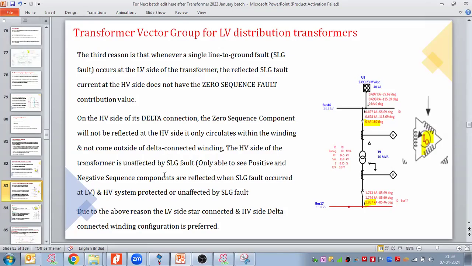The HV side of the transformer is unaffected by a single line to ground fault; only positive and negative sequence components are reflected when a single line to ground fault occurs at LV, and the HV system protection is unaffected. So due to the above reasons, the LV side star connected and HV side delta connected winding configuration is preferred in the distribution system.